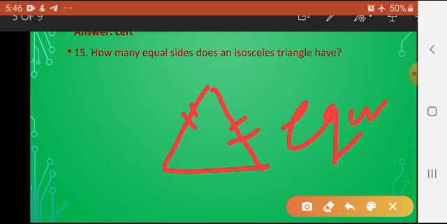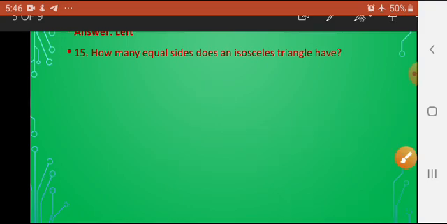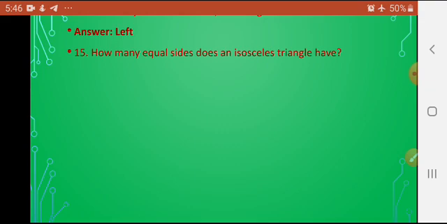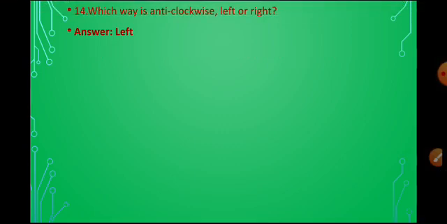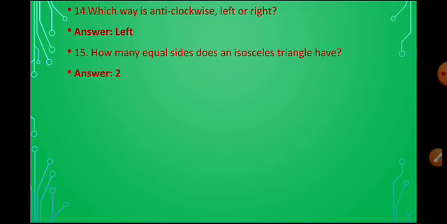So if there is an isosceles triangle, its two sides are equal. So how many equal sides? He is asking equal sides. So the answer will be 2.